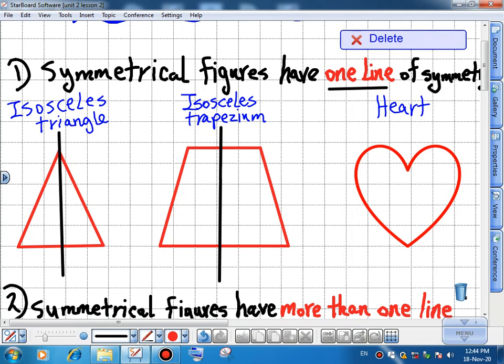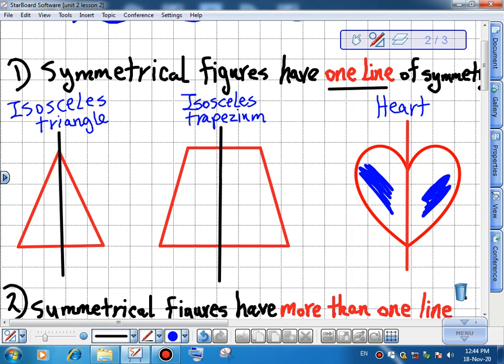And the last one here is not a polygon, it is an open curve, a figure. If I cut this into two equal pieces in the middle like this, we see the right side matches exactly the left side.